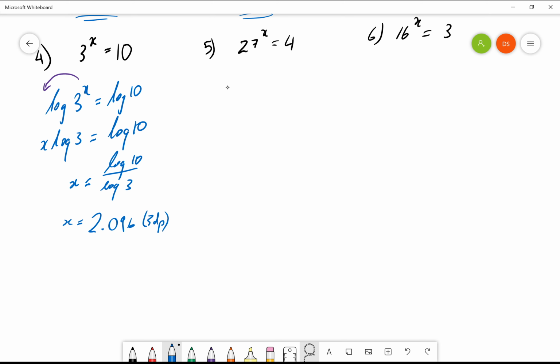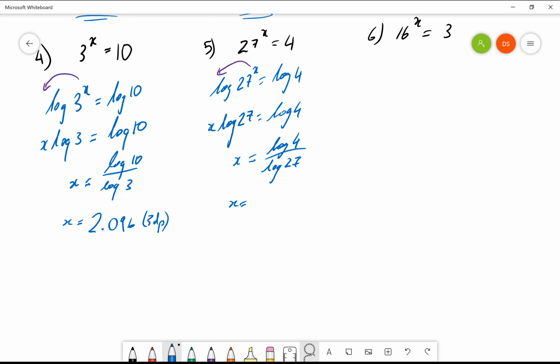Okay, let's try this one. I'm going to put a log in the front, and then I'm going to use a purple, use the log rule to bring the x to the front. X log 27 is equal to log 4, and then divide by log 27, and then type that into your calculator once again.